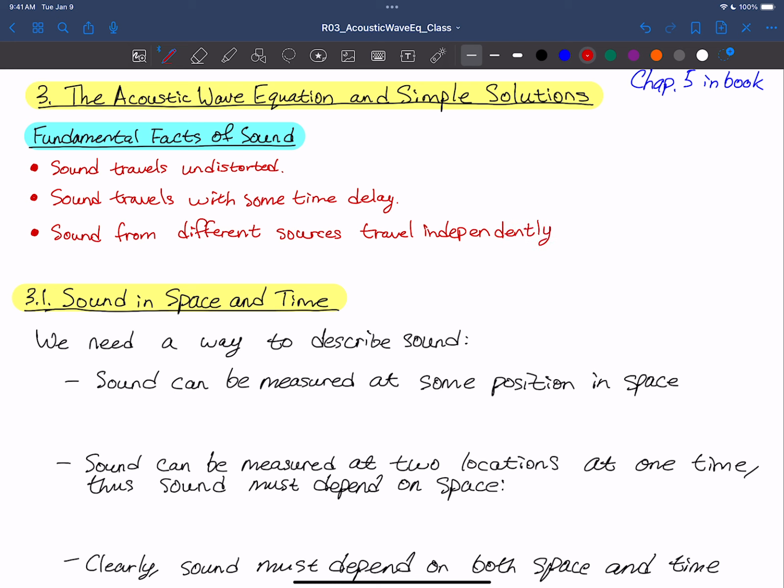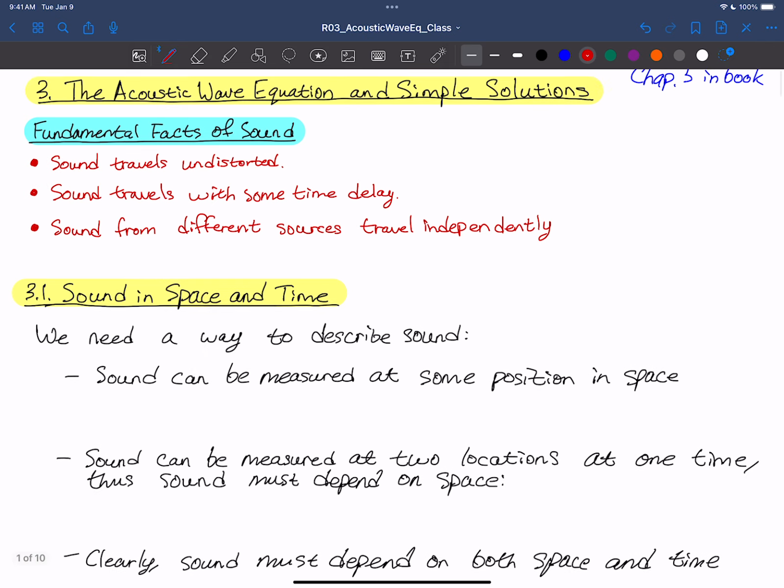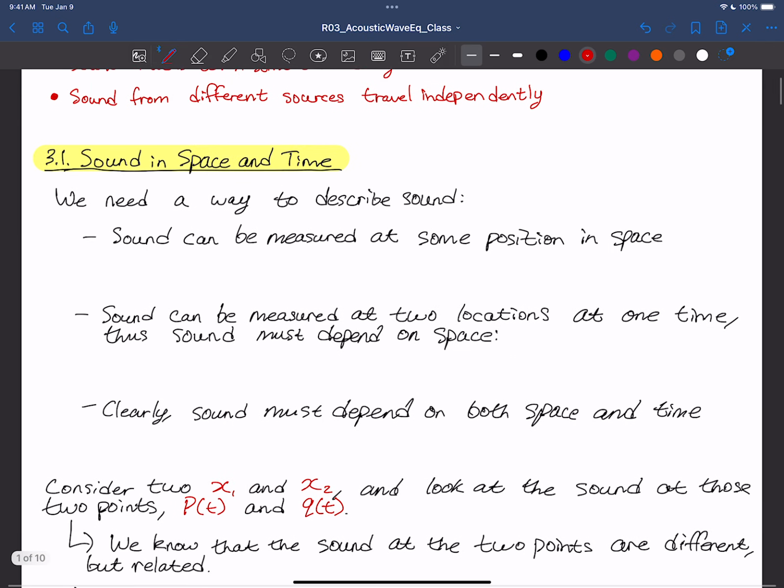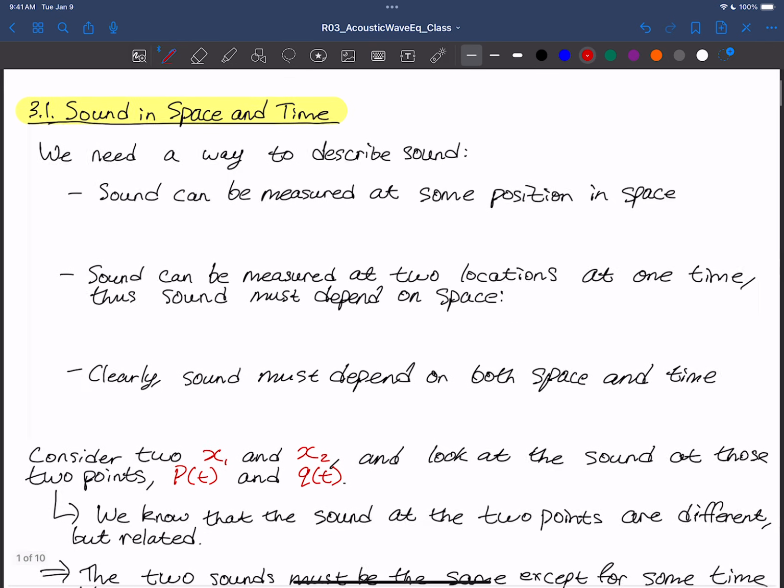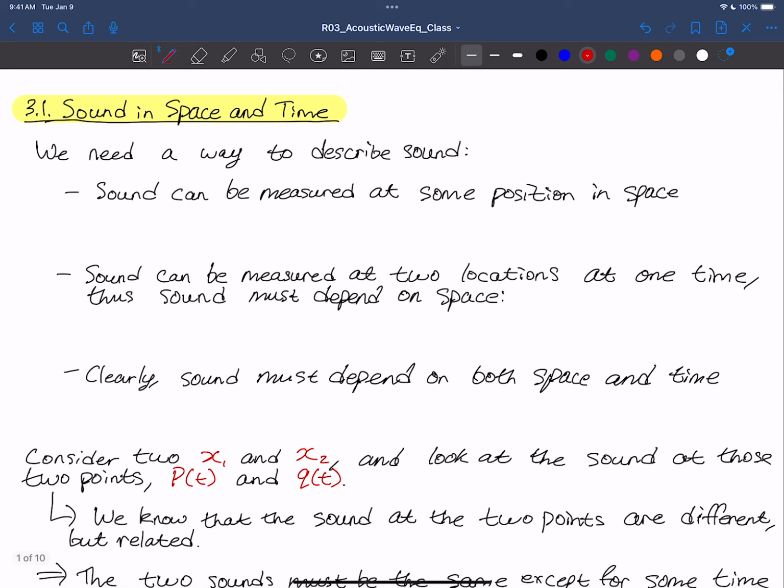That doesn't mean that two sound sources can't interfere at a particular point of space, for example, at a particular location, but that interference is not going to affect how those sound waves travel through the surrounding medium.